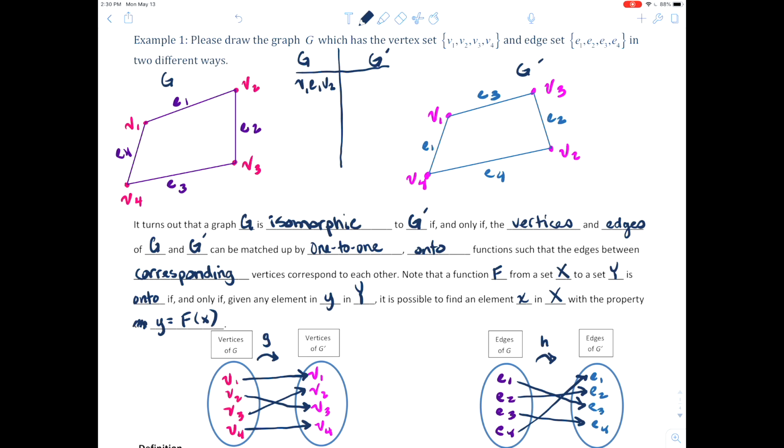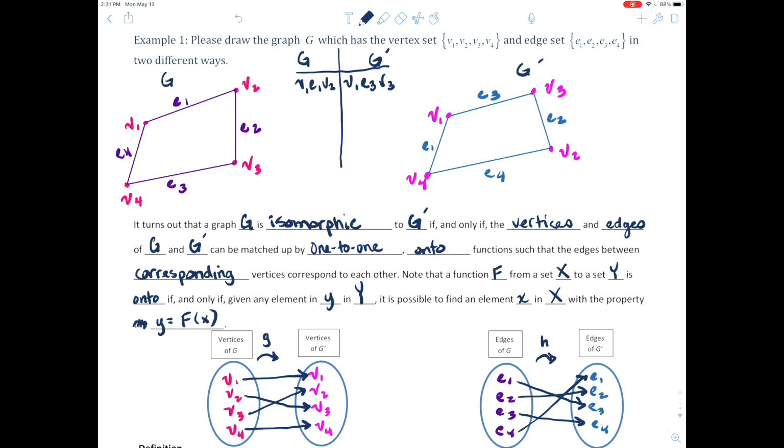Well, wouldn't it be V1, E3, V3? And that is why we said that V1 mapped to V1, but V2 mapped to V3. And we need to make sure that the edge relationship is preserved. And so, do you notice that in the second one, in h, E1 maps to E3? So we're all good to go there.